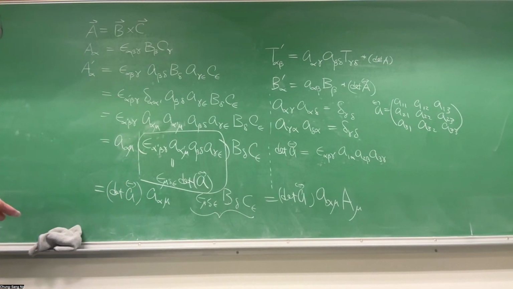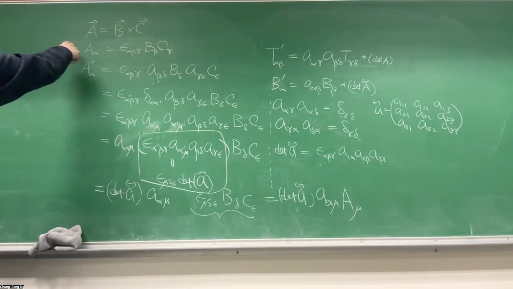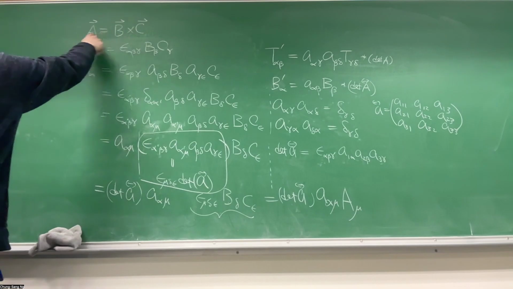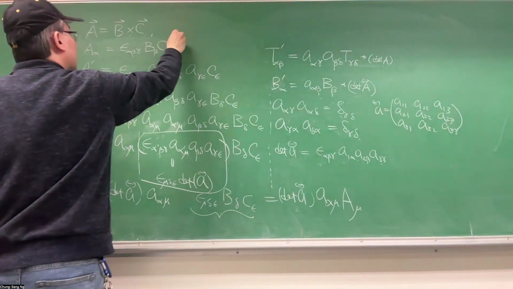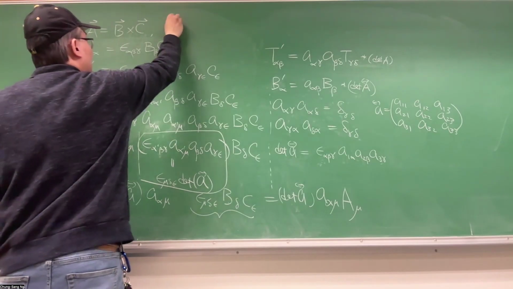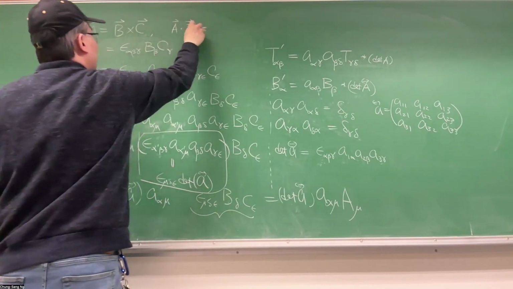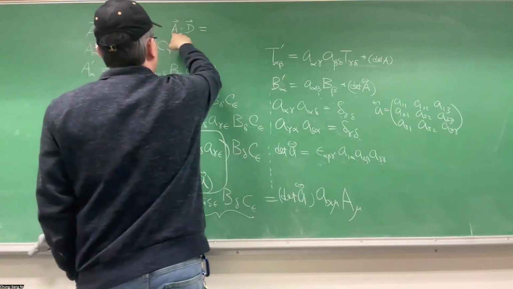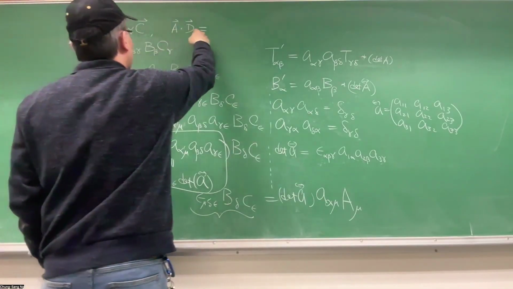And one example of a pseudo scalar is like that. So if this is a pseudo vector, you do a dot product with a vector, A dot D, if D is also a vector and A is a pseudo vector, then obviously this is a scalar, but this is a pseudo scalar.